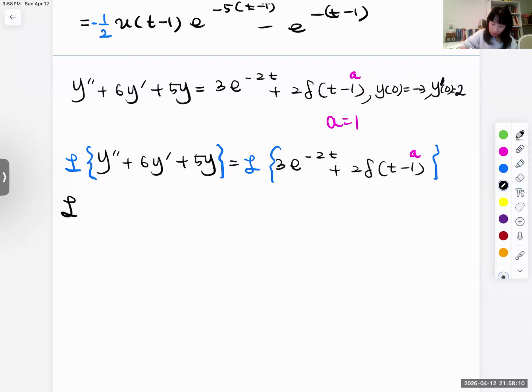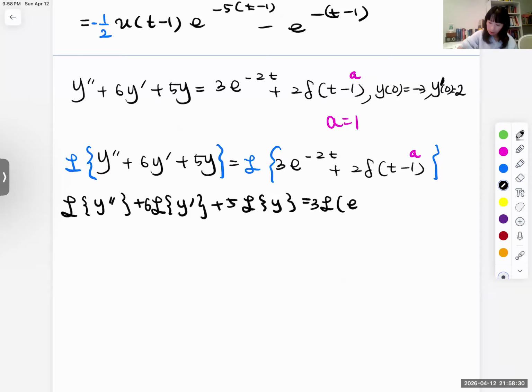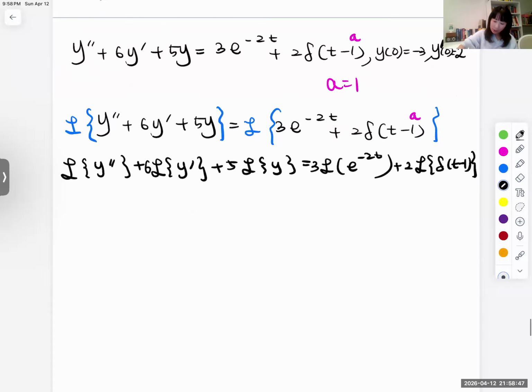So splitting every term: Laplace of y double prime plus 6 Laplace of y prime plus 5 Laplace of y equal to Laplace of 3 e to the negative 2t, and so on, with the step function at t minus 1. Okay, so we need the Laplace of y double prime.